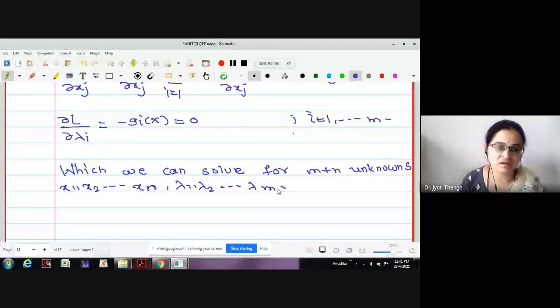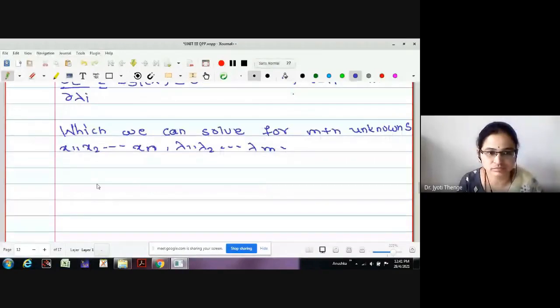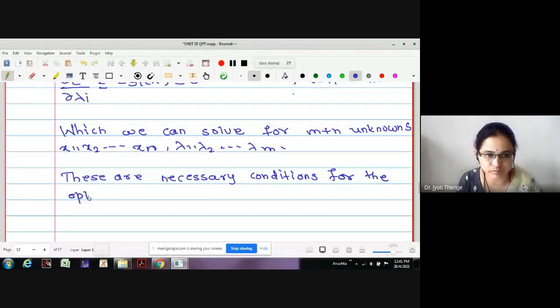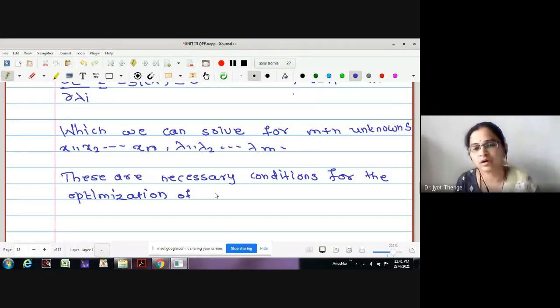Right? So these are the necessary conditions for the optimization of the given programming problem.